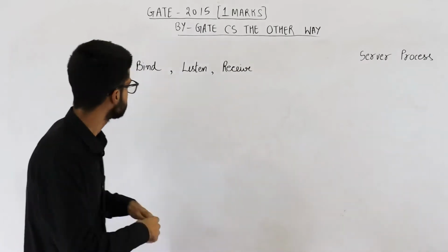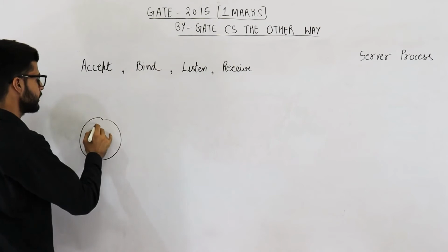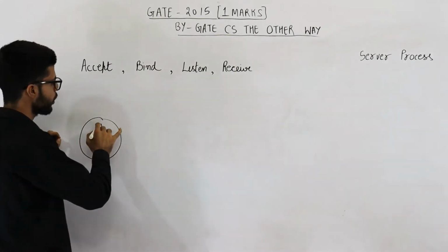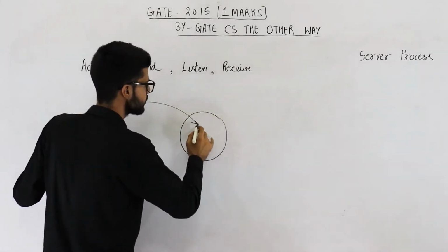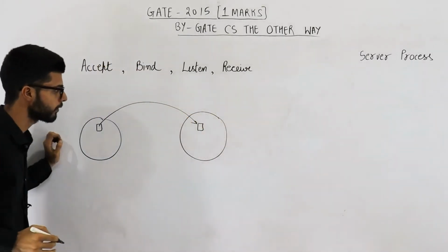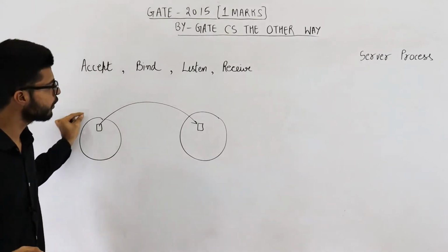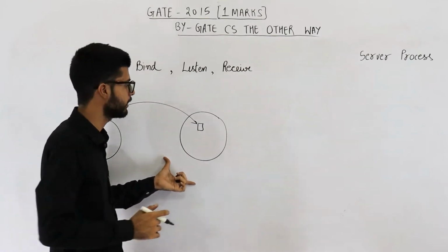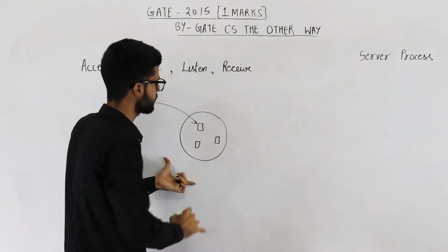Now suppose this is your machine and there is some process in this machine that wants to communicate with some other process in some other machine. So to facilitate this communication, first of all, you need to identify a machine uniquely in entire world. And within that machine, there can be many processes.